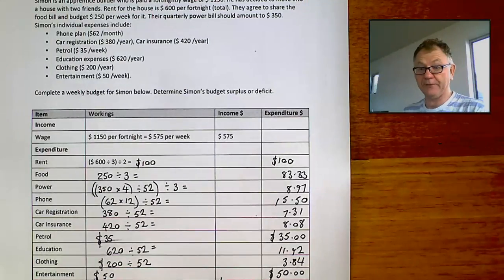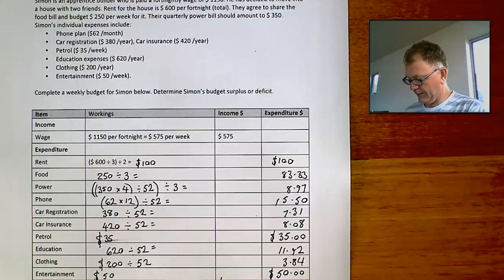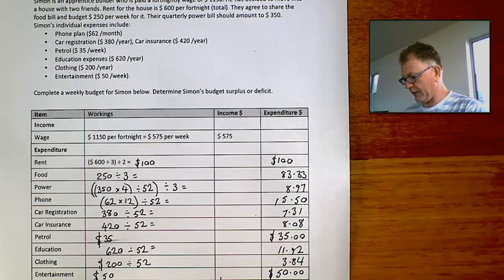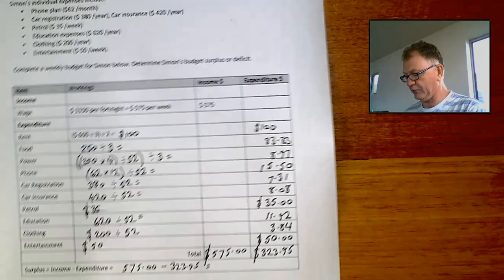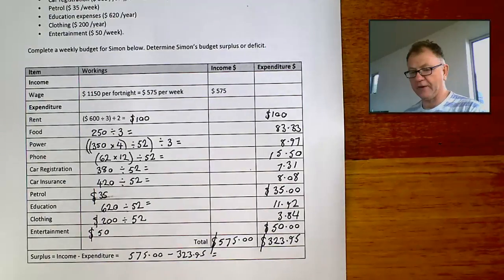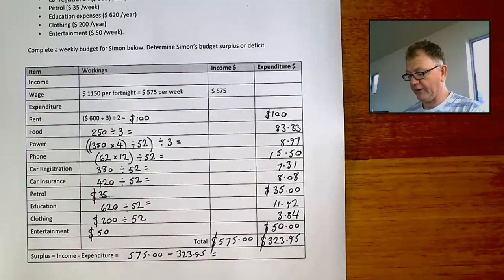Well, how did you go? I did some calculations and I came up with a total weekly amount of expenses of $323.95. Now, Simon's income for the week is $575. So he's in a good situation because his income exceeds expenditure.